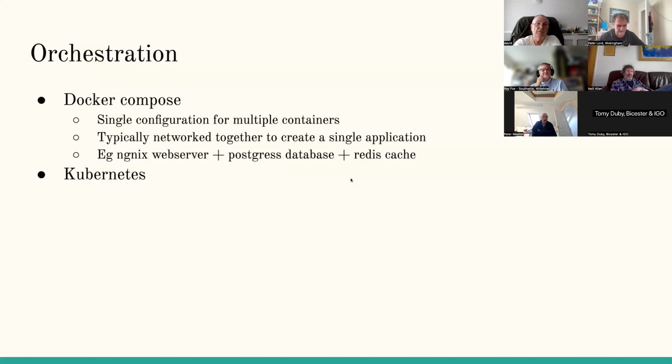Now, if you want to get really grown up on orchestration, there is a tool from Google called Kubernetes. I can talk forever on Kubernetes because that's something I worked on commercially before I retired. Kubernetes is like a grown-up Docker Compose, and it's designed for very large scale, very highly available applications running across multiple servers, running at high speeds.